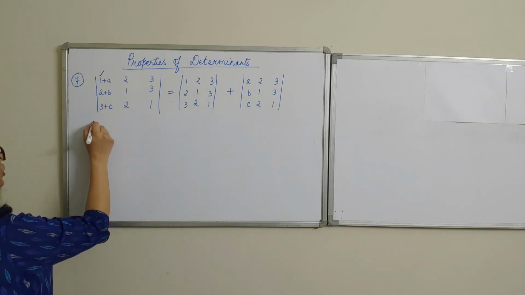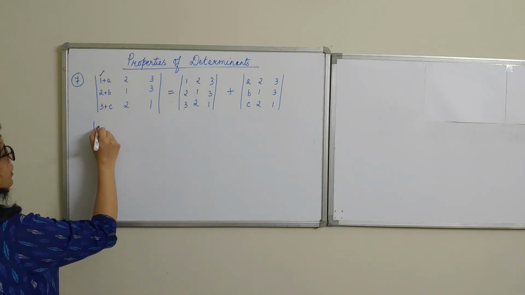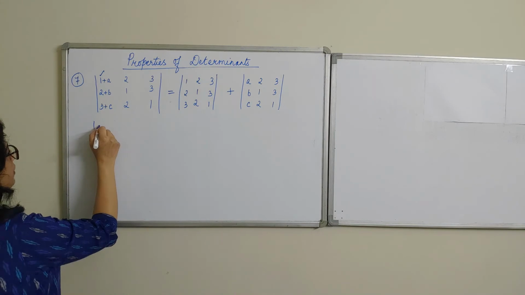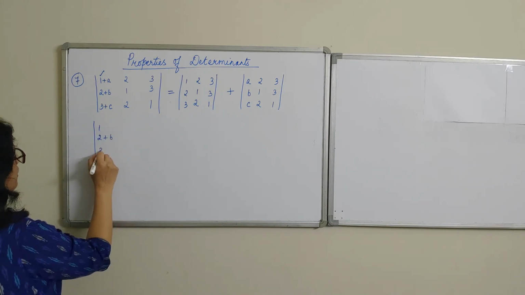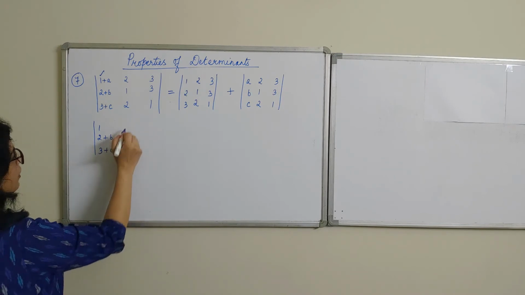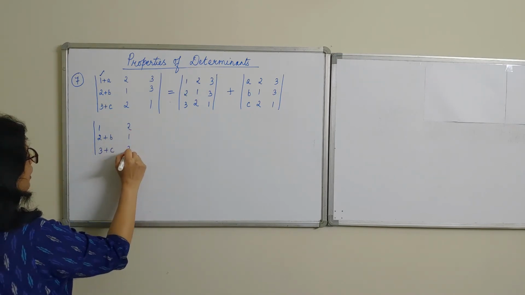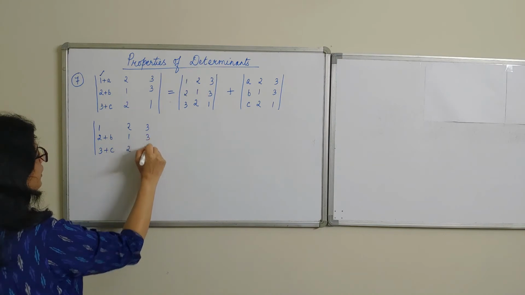Let's make a small change here. Suppose not all elements of first column, say only one of the elements is written like this, and 2 elements are expressed as sum of 2 terms, and this is the determinant.